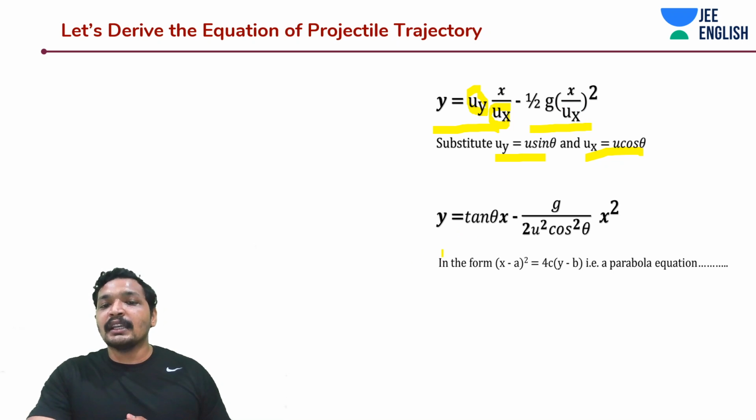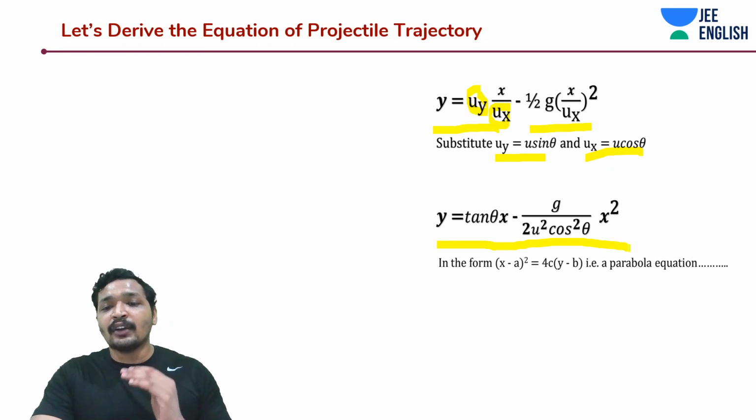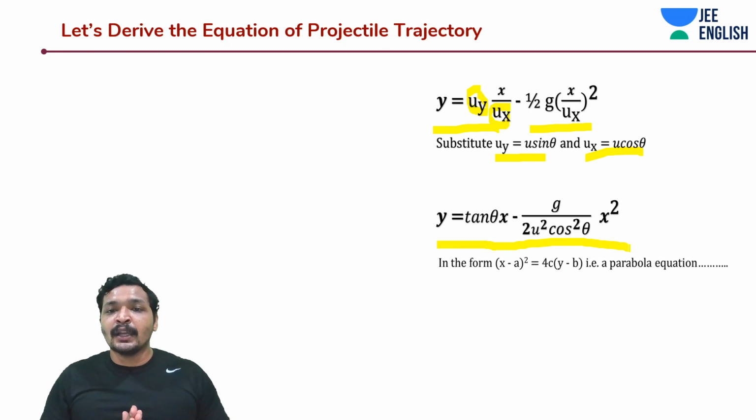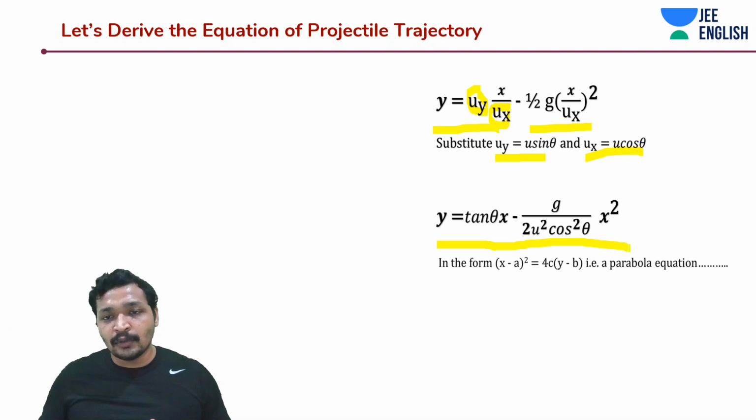And you'll find that the equation of the projectile trajectory is nothing but y is equal to tan theta into x minus g by 2u squared cos squared theta into x squared, where x is the x coordinate and y is the y coordinate, and theta is the angle with which we projected this object.